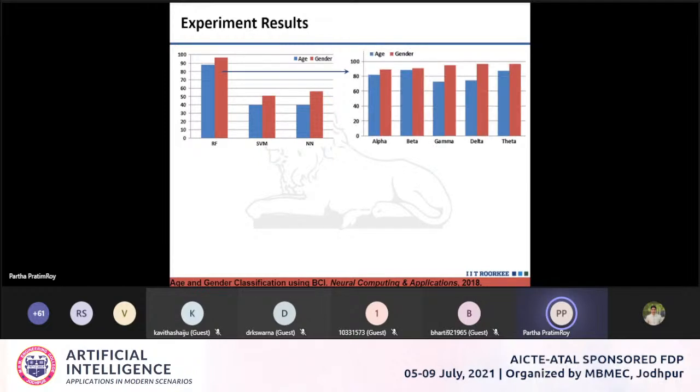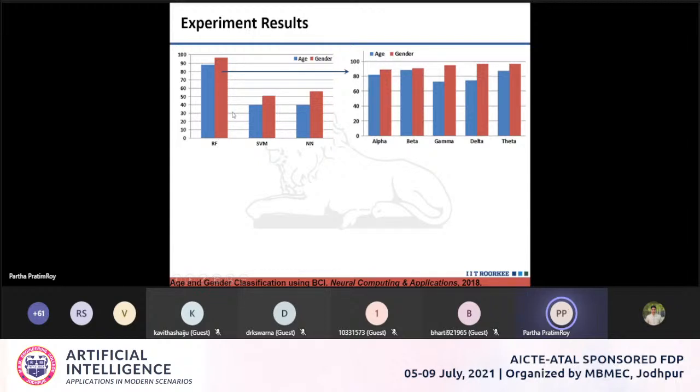Now, with age and gender recognition using random forest, we see that accuracy is close to 90% for age, and gender, which is a 2-class problem, is 95%.